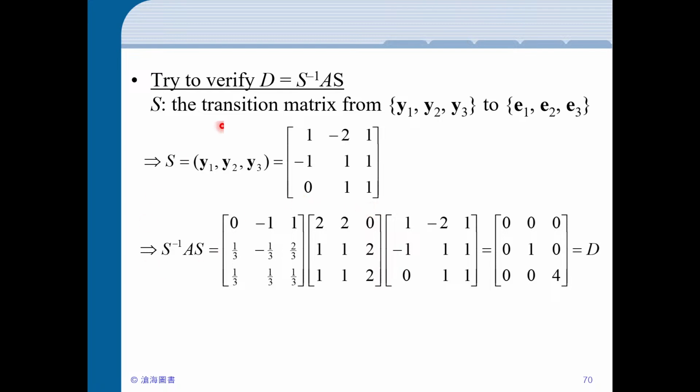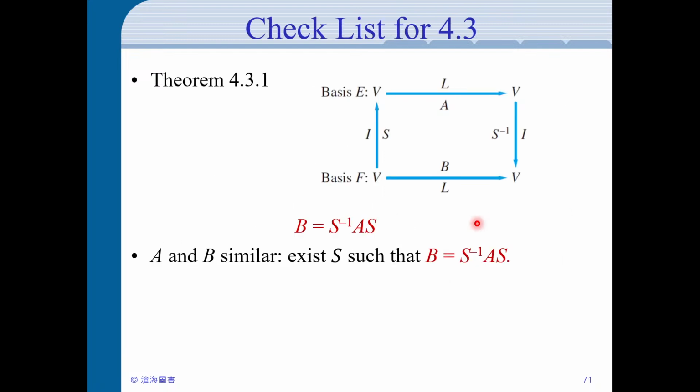Also you can verify it through brute force calculation. If you have A here, and you list y as this matrix, and find the inverse y minus 1, then you can do the multiplication and find that S minus 1 A S is this diagonal matrix. And this is really what we have in 4.3.